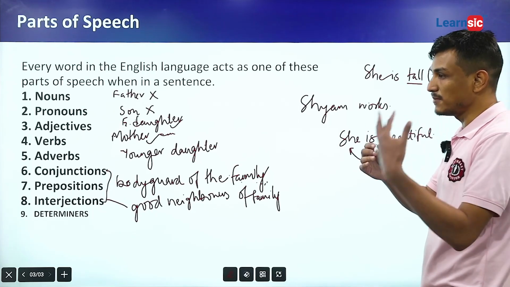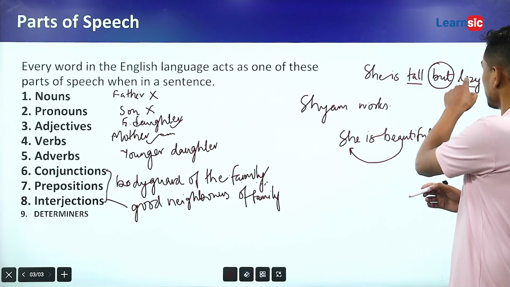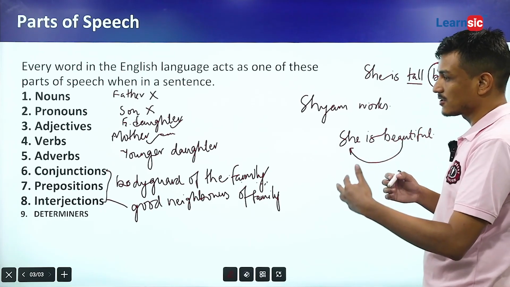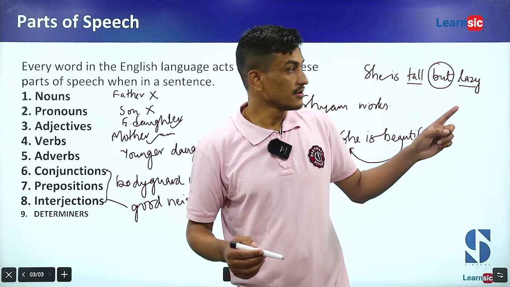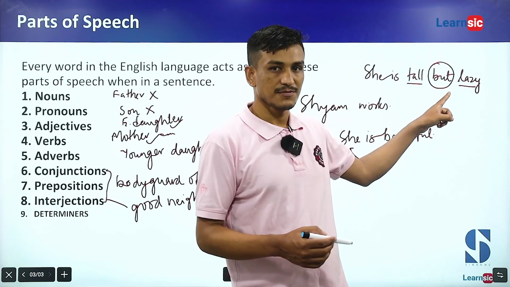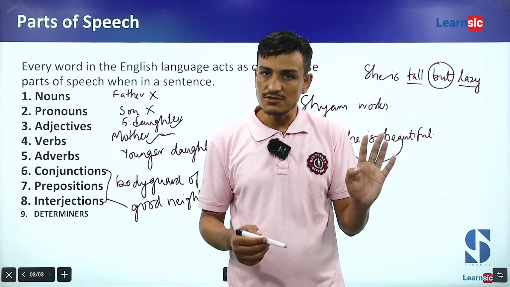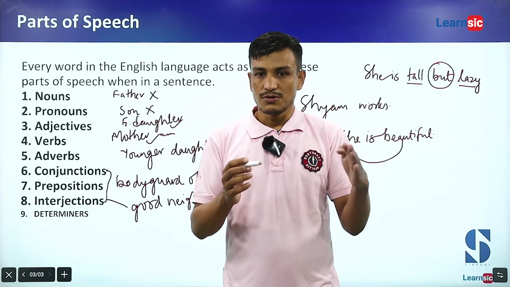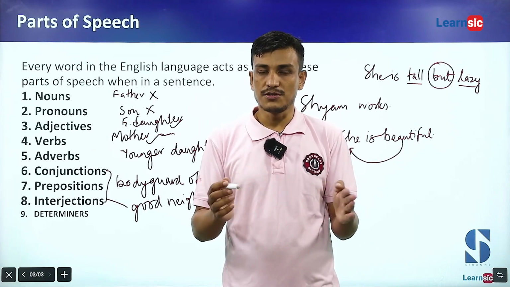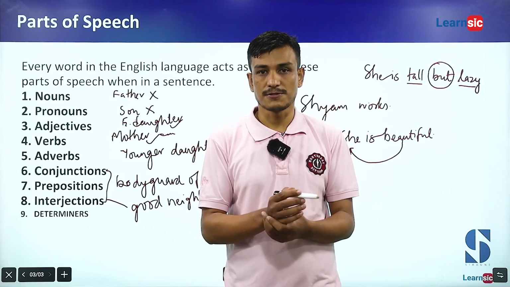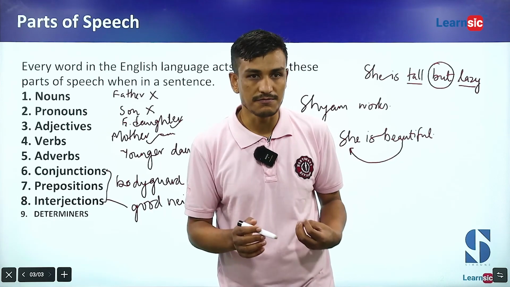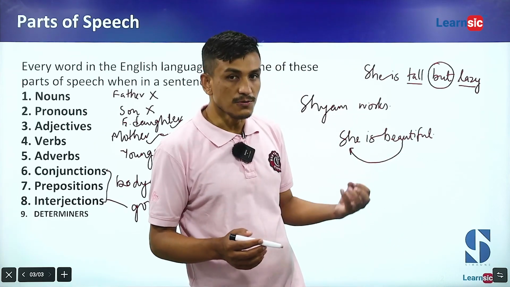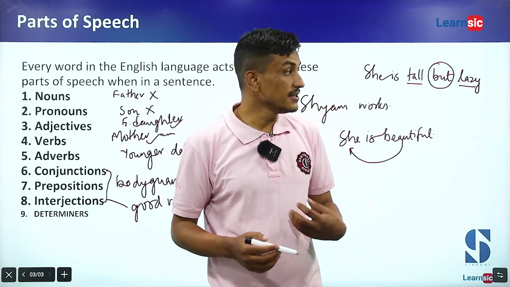So two family members, adjective and another adjective, are connected by the word but. So what does conjunction do? It helps to have a good relationship between two family members. That is the definition of conjunctions. We will again deal with conjunctions later, and you will have a much clearer idea.